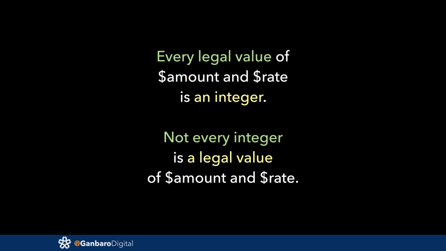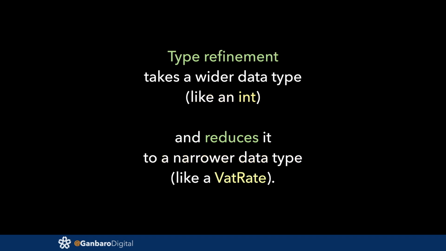Integers are too wide a data type. We can't accept every integer. We have to refine them. That's what type refinement is. We take in a wider data type, we do some input validation, so what comes out the other end is a narrower data type, like our tax rate. That's all that type refinement is.